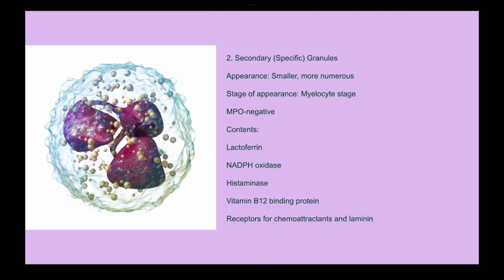The contents of these granules consist of lactoferrin, NADPH oxidase, histaminase, vitamin B12 binding protein, receptors for chemoattractants, and laminin. So you can have the basic understanding that the contents of the granules act as the defense system against the foreign substances or bacteria that are causing infection.